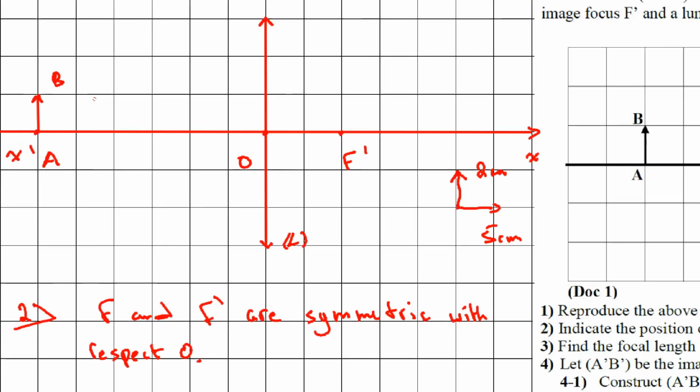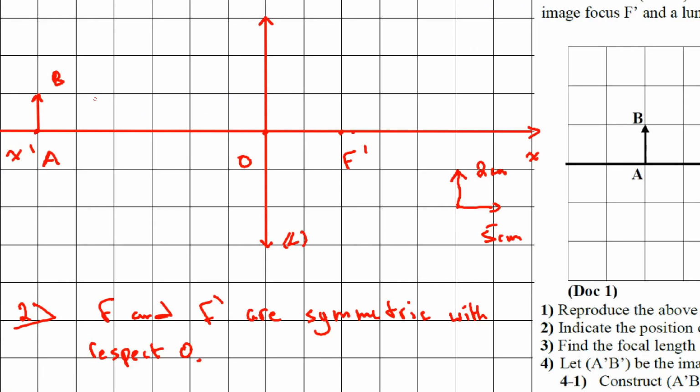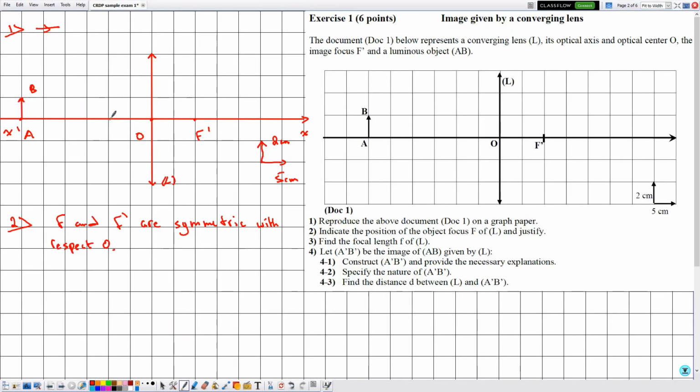What does this mean? Whenever we know the position of the image focus or the object focus, we can determine the position of the other. So here, because F' is located 2 divisions behind the lens, then the object focus F will be located 2 divisions in front of the lens. So this is in front, and this is behind.